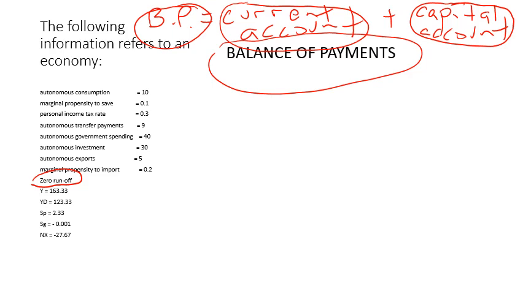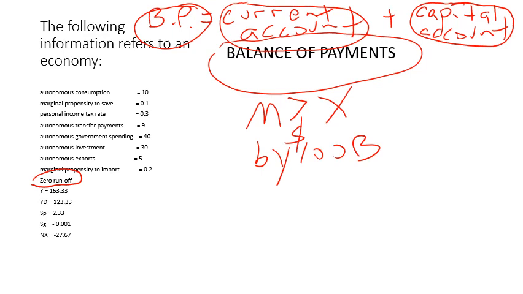All right. Now, let's try something else. Let's assume that this country's current account is the following: imports greater than exports by $100 billion. All right? So that means that we're dealing here with a trade deficit.